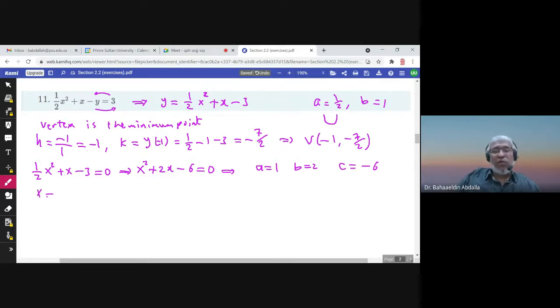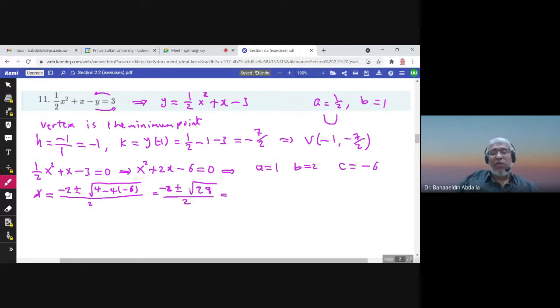So X would be negative B, -2, plus or minus square root of B square, which is 4, minus 4 times 1 times -6 over 2 times 1, which is 2. So I have -2 plus or minus square root of 4 plus 24. So it's 28 over 2.